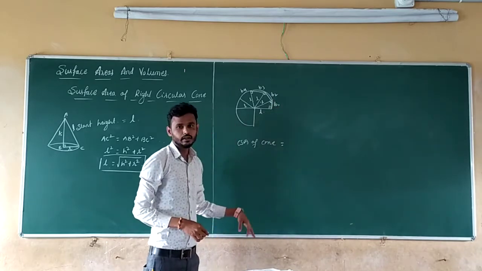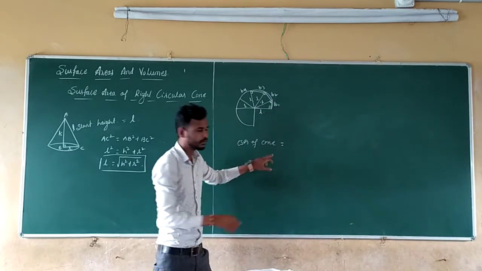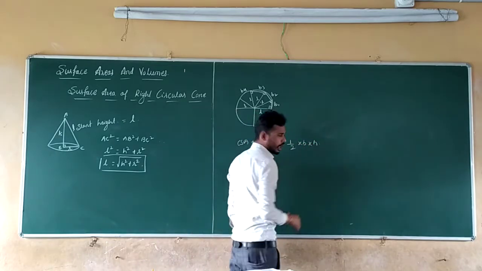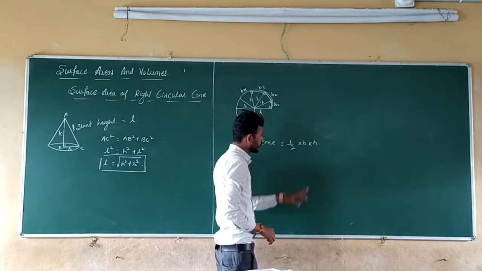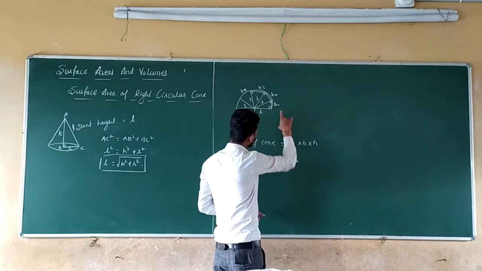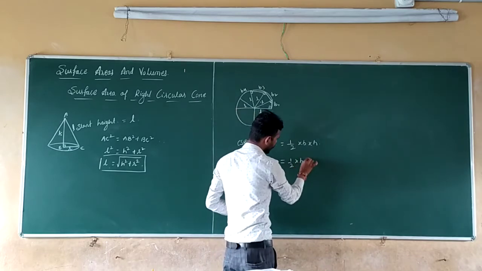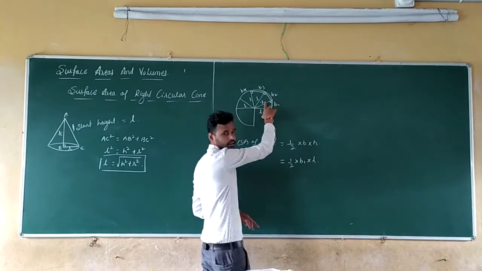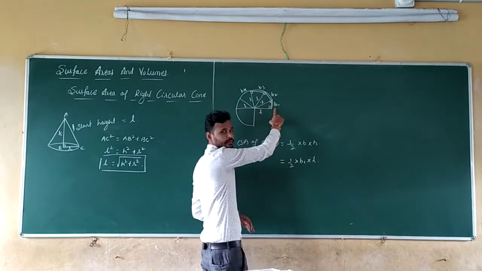What is the area formula for the triangle? Half into base into height. So what can we write now here? Half into B1 into L, because height is L and base is B1.